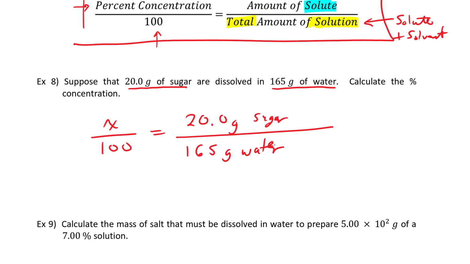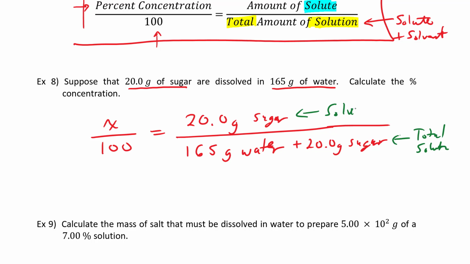They write that and they work it out. But I'm adding 165 grams of water to my 20 grams of sugar. So I have to add them together. Very important. This will give me total solution. So it's solute divided by total solution.